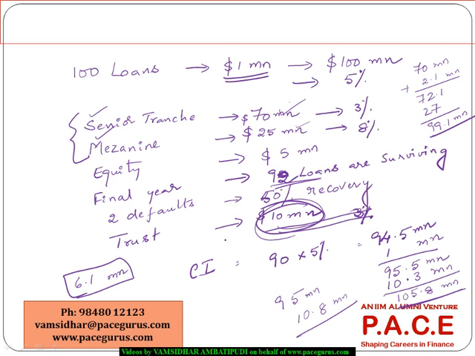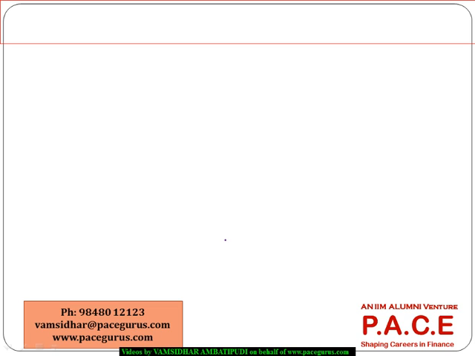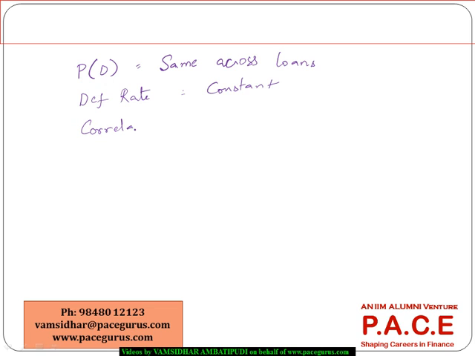This method is more and more appropriate when the assumptions are pretty simple. For example, the default rate we are treating as constant every period. For every loan, the probability of default across all the loans is the same, or even the default rate is the same or constant across the years, or we have ignored the correlation between the various loans.